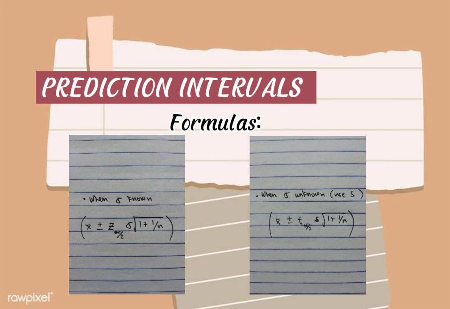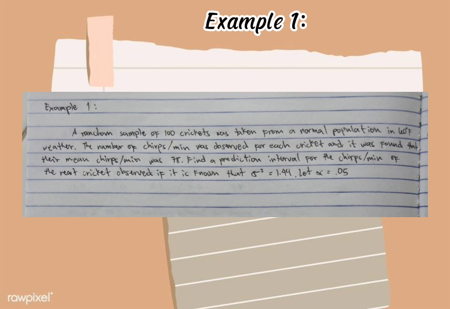So for you to understand the topic better, I'll give you examples. In this example, a random sample of crickets was taken from a normal population in 60 degrees Fahrenheit weather. The number of chirps per minute was observed for each cricket, and it was found that their mean chirps per minute was 78.